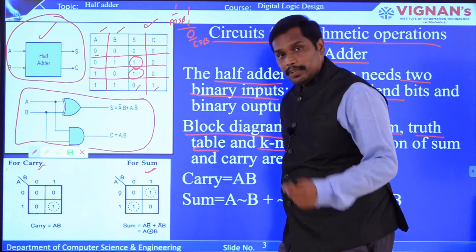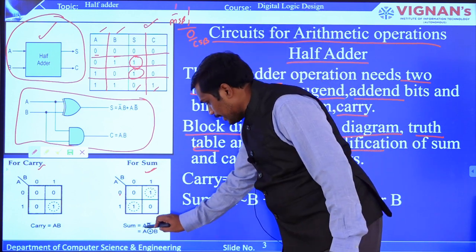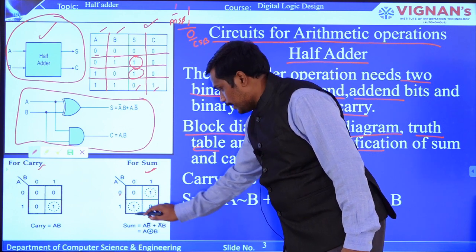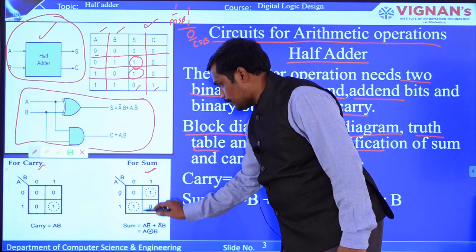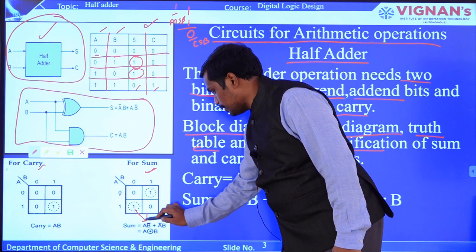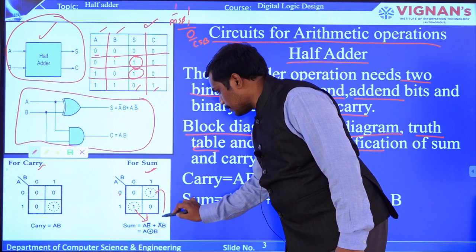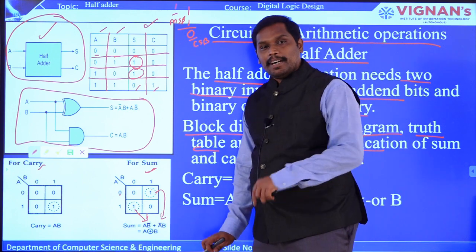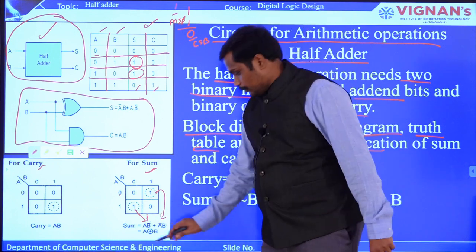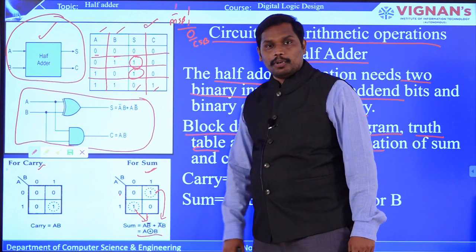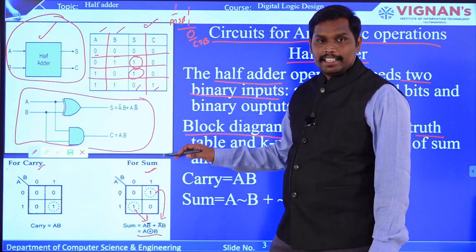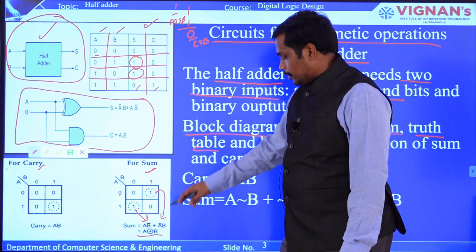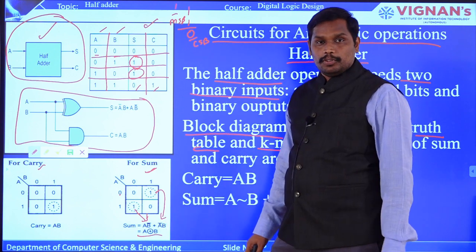From the 2 isolated ones, we have generated an expression, something like A B bar, because this is A and B bar, this is the first one. This is represented over here, and this one is represented over here, that is A bar B. So when you do A B bar plus A bar B, that is the XOR operation, which is A exclusive OR of B. I hope you remember the gates that we have discussed. In that you can see this particular operation, that is exclusive OR.